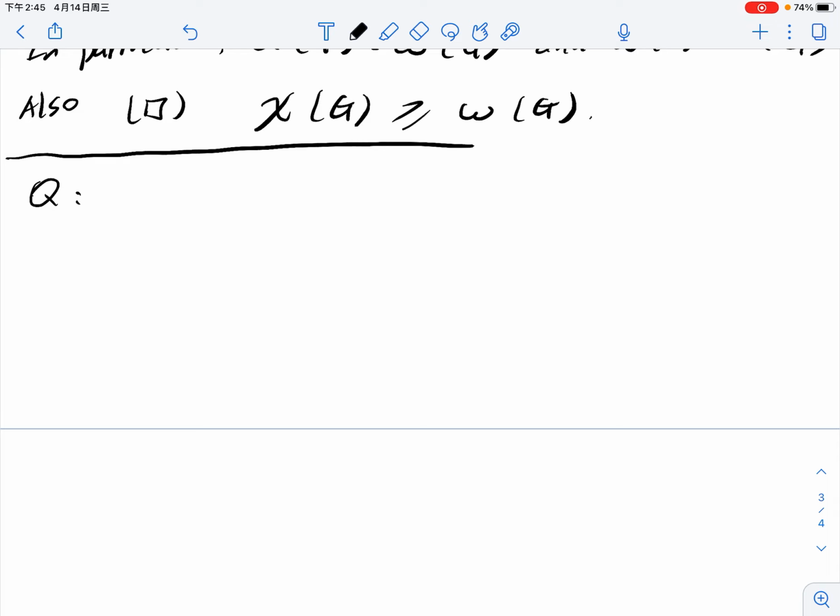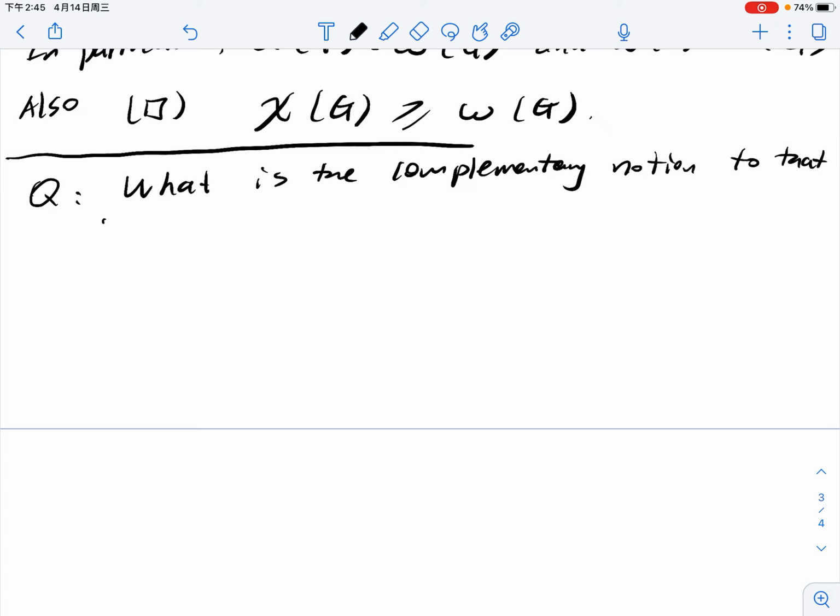And then a natural question is, what is the complementary notion to that of vertex coloring?